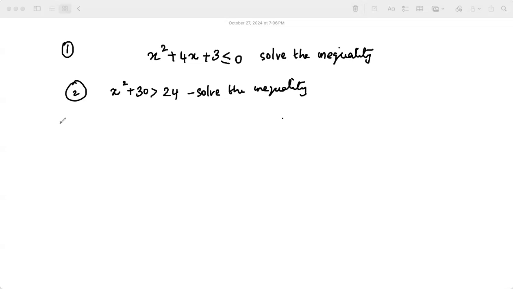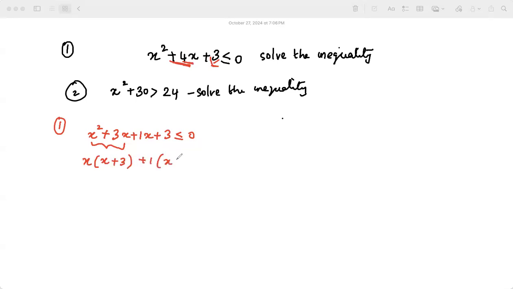So this one, first one, how do you solve this? When you factor, right? What I can put, it's a 3 and a 4, right? The product of the two numbers should be 3. Direct factoring can be used, right? x squared plus 3x plus 1x plus 3 is less than or equal to 0. Group these two terms, x comes as common, this is x plus 3.